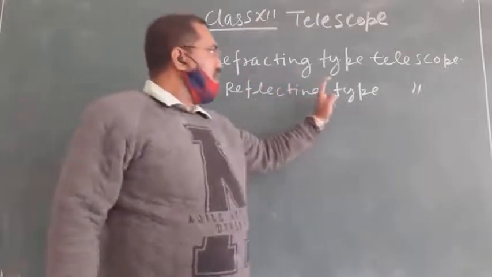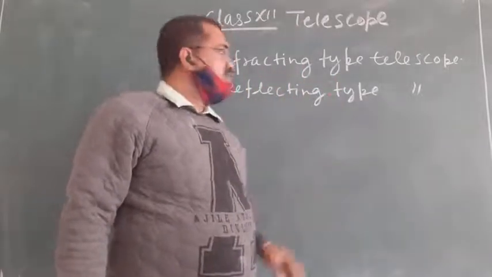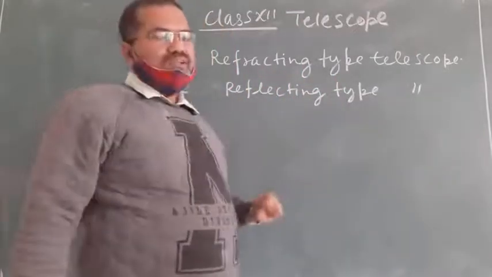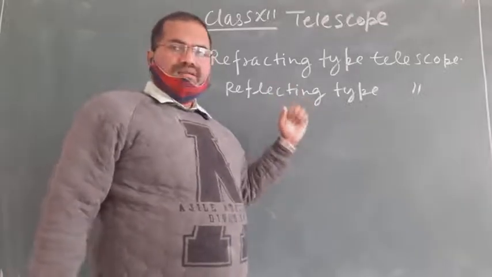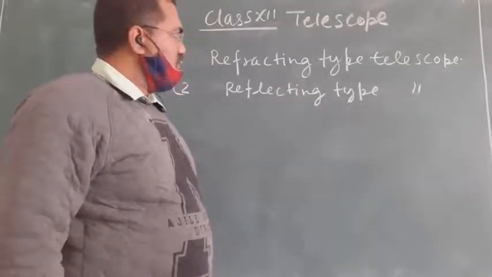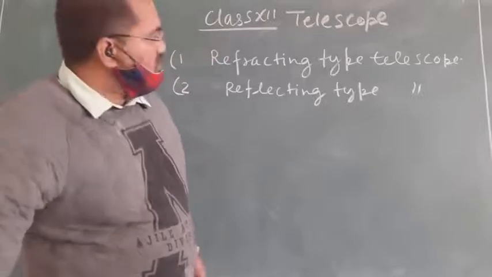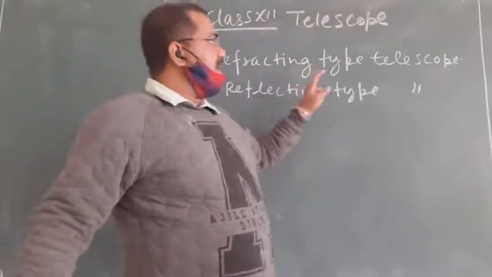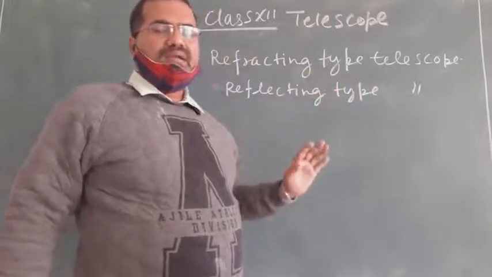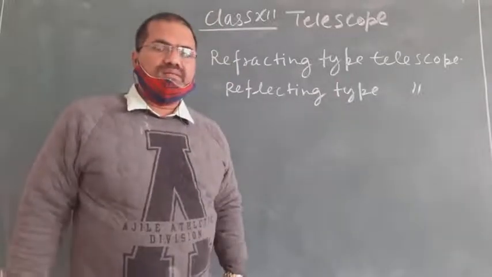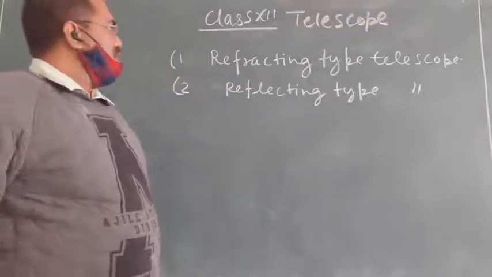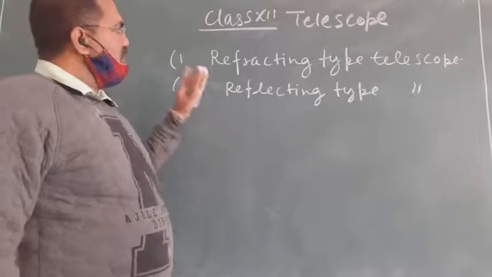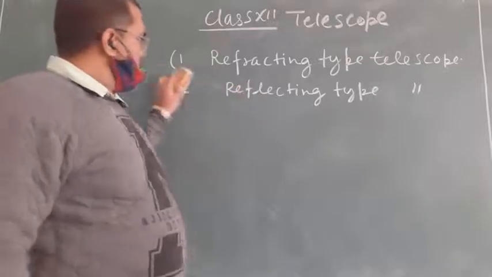In a refracting type telescope, lenses are used, and in a reflecting type telescope, mirrors are used as usual. So first we will discuss the refracting type telescope, which is very important as far as the board is concerned. So now move on to the refracting type telescope.